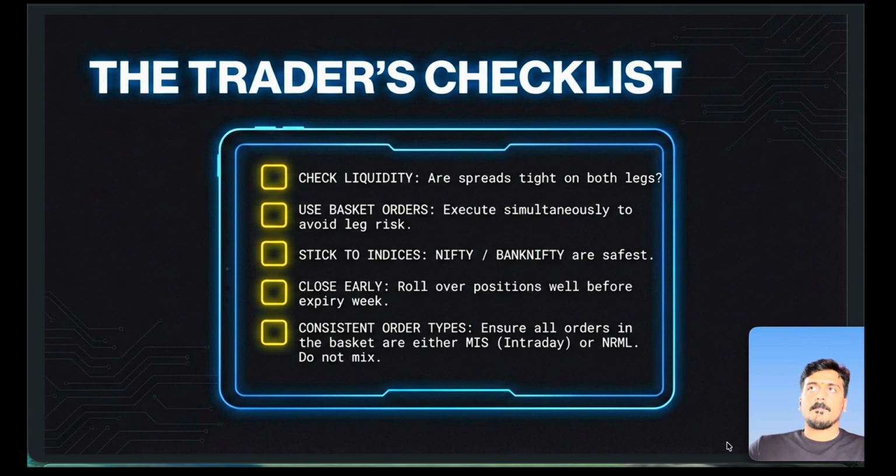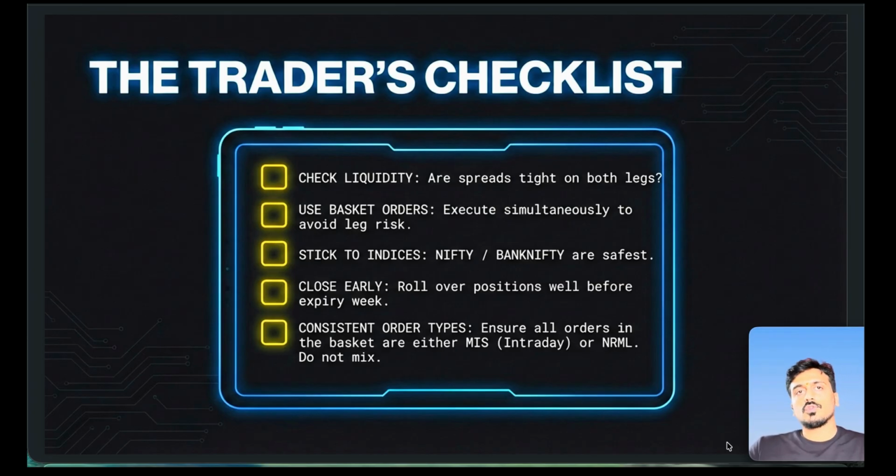Whenever you go to place an order, you see MIS, the intraday type, and you see NRML, which is for the longer duration. Especially while doing synthetic futures, where you are doing multiple legs, you have to make sure that you are doing all the three legs in the same order type.